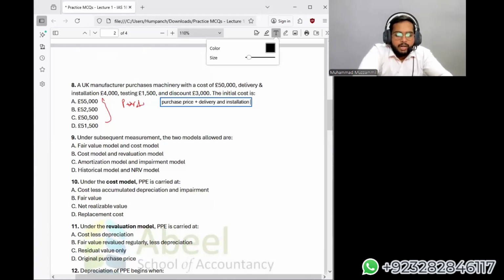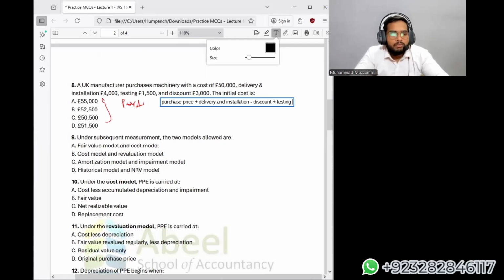Okay, and we have discount. Discount is going to be deducted. And what else do we have? We have testing cost, which is going to be included. So this is the little formula that I wrote. We are going to add up our purchase price, delivery and installation cost, discount will be deducted obviously, and testing cost we are going to add up.